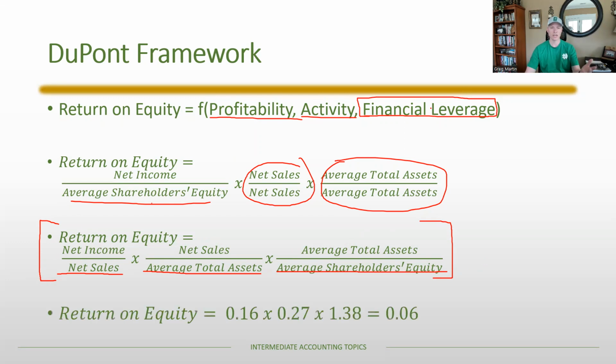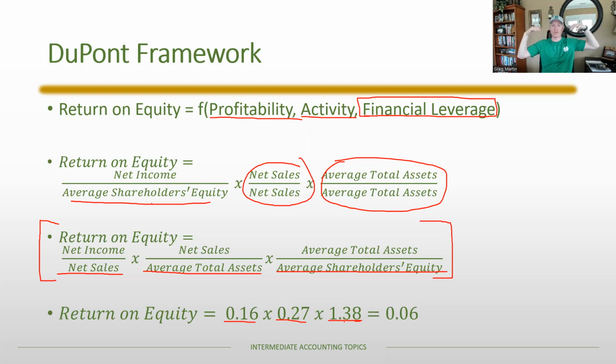And so in this case, we know the number, but you can see the three components: profit margin on sales, asset turnover, and now the equity multiplier, 1.38. So for every dollar in shareholders' equity, we have $1.38 in assets. Obviously if we want to be more leveraged, it would go up.